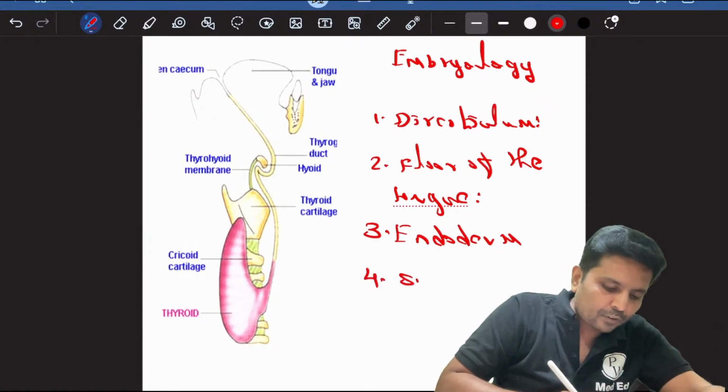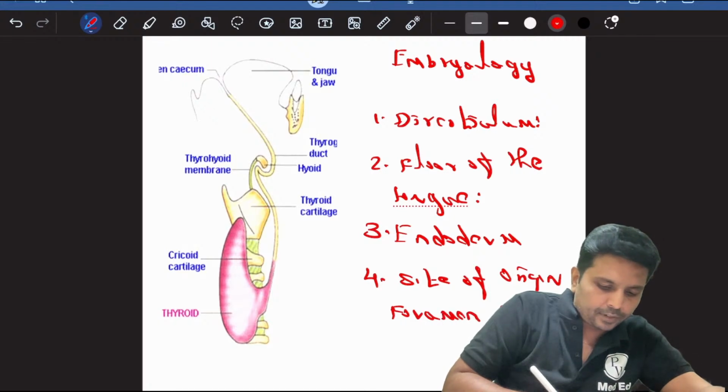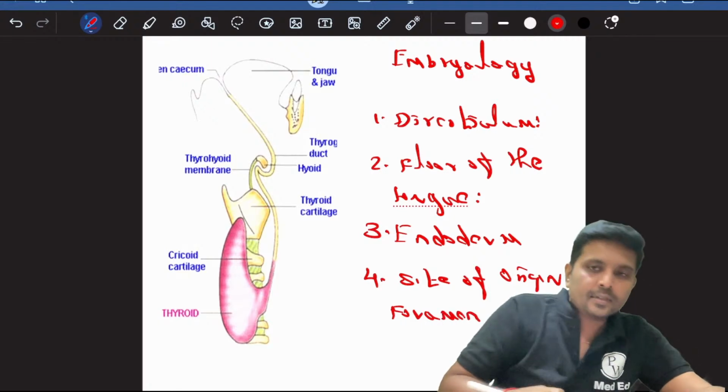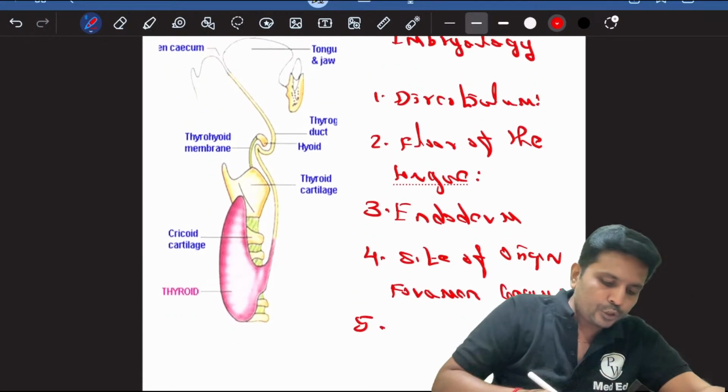The site of origin is otherwise known as the foramen cecum, and from there it descends.